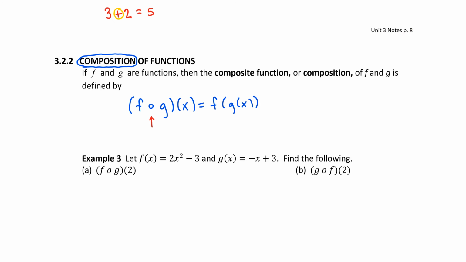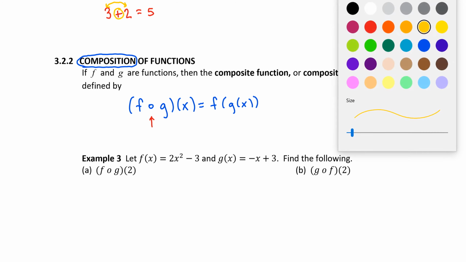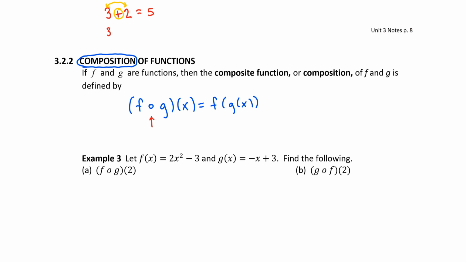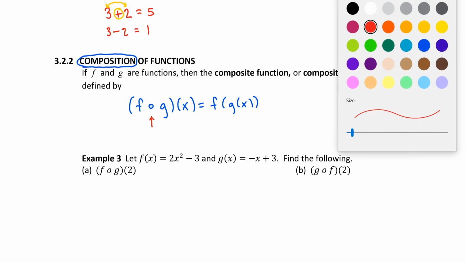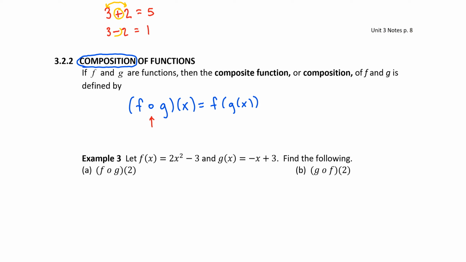This symbol, which we read as plus, represents a certain way of combining the values on either side. If I change it to 3 minus 2, we quickly evaluate that to be 1. We get something different because we've changed the binary operator. That symbol communicates a specific way of combining the values on either side.